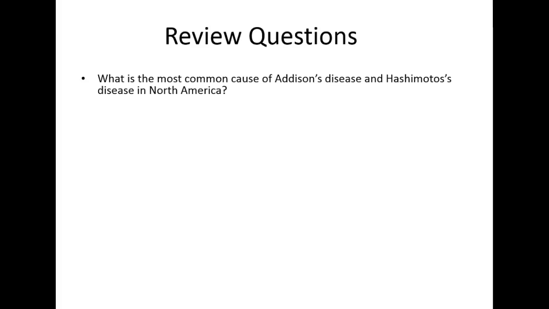Okay, what is the most common cause of Addison's disease and Hashimoto's disease in North America? Ideas? Hashimoto's is hypothyroid, but what is going on that's causing it?